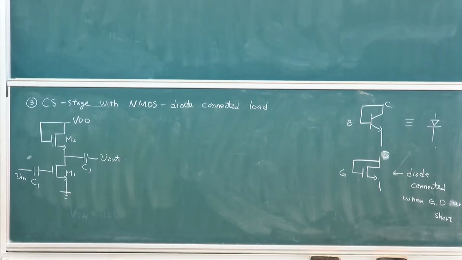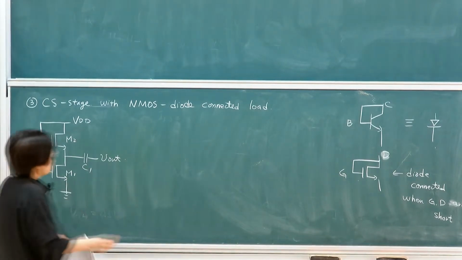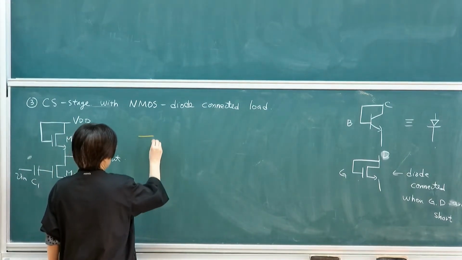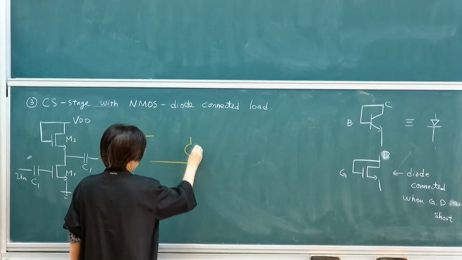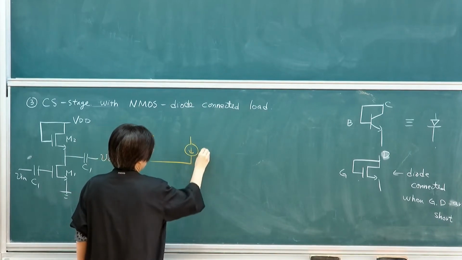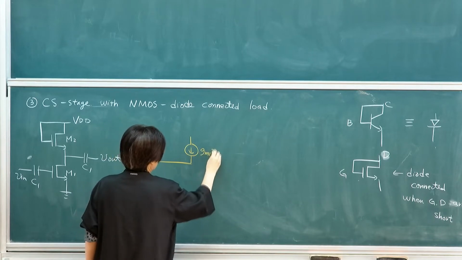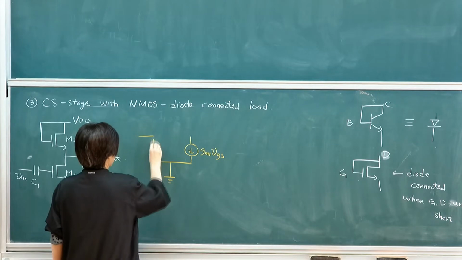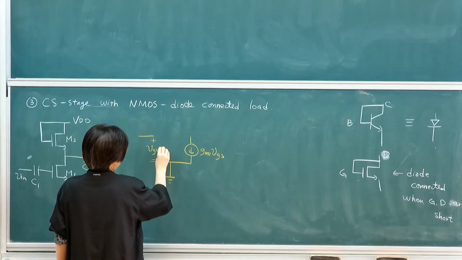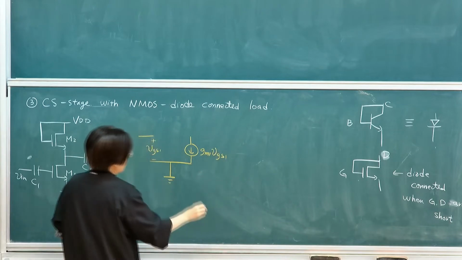To analyze this type of circuit, one needs to also construct a small signal model, right? So the small signal equivalent circuit will look something like this. I will then have gm1 VGS. This is grounded. VGS. Okay?